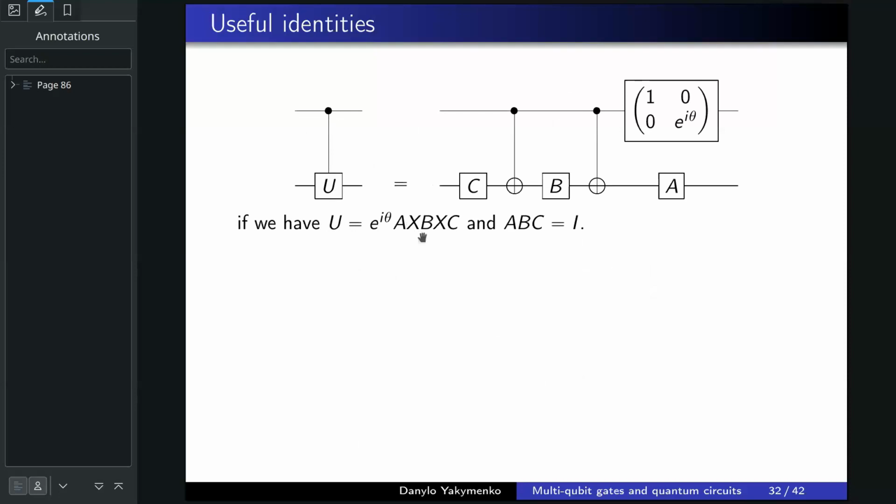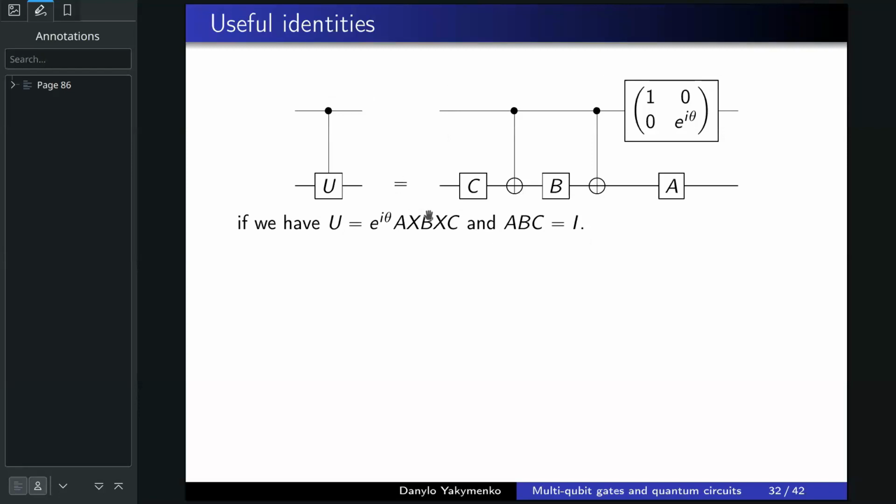So here X are just Pauli X matrices, and A, B, and C are some one qubit matrices with the condition that the product of them is identity, the trivial. Then if these two equalities hold, then this gate actually equals this sequence of gates.